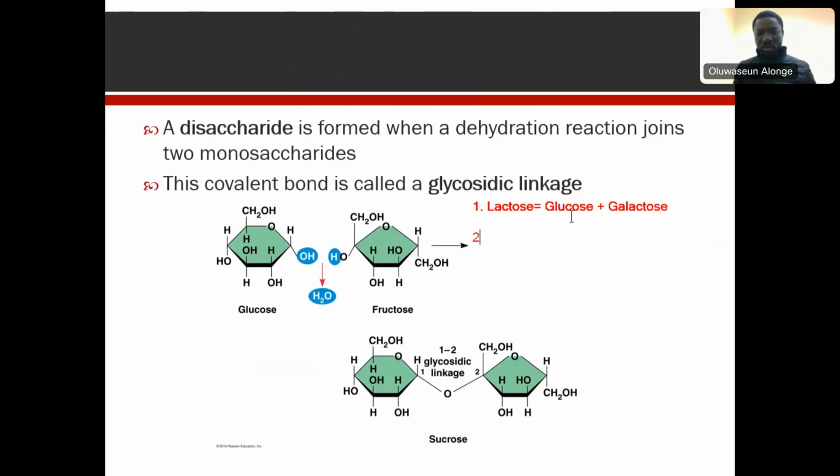Number two, we have sucrose, which is formed by glucose plus fructose. Sorry, let me do maltose first so that it comes up as LMS. So maltose is glucose plus glucose.